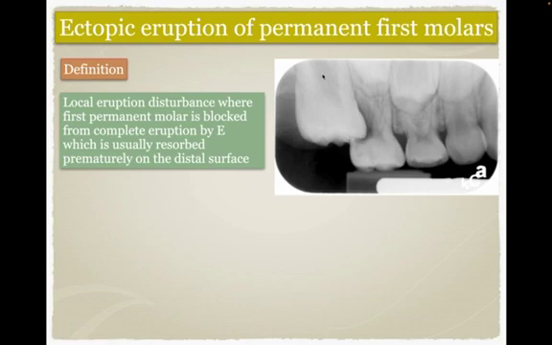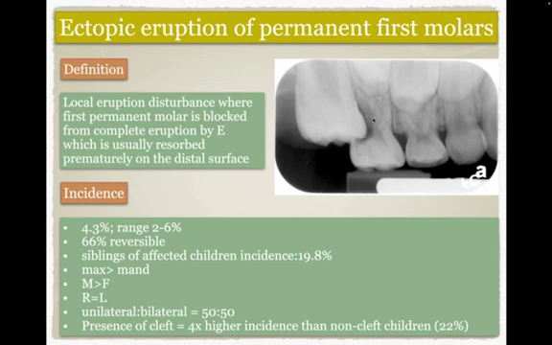So basically, instead of the 6 erupting in its completely normal position, it's erupting in an ectopic position. It's not in the normal position. It moved forward, so it became wedged under the E. And as the tooth erupts, it causes resorption of the root of the E, and maybe the crown reaching the pulp.